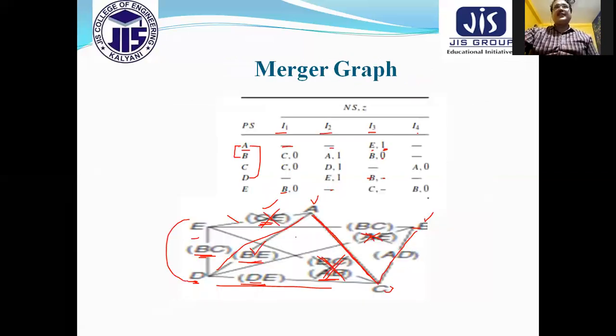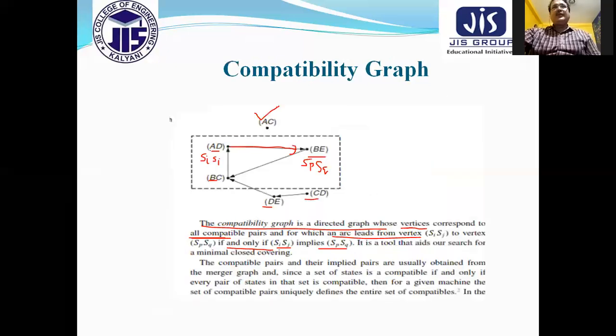So when you see the figure here, we have drawn the edge from AD to BE. From this figure, I can say that BE is implied by AD. That is the reason we have drawn the directed edge from AD to BE.